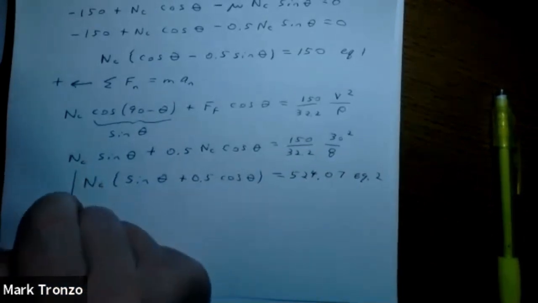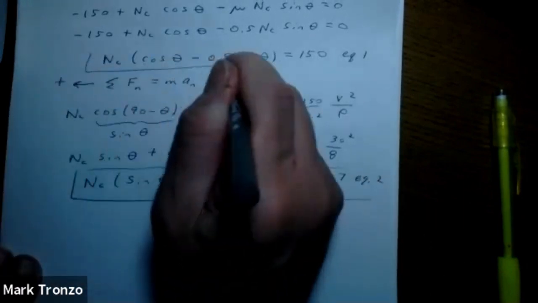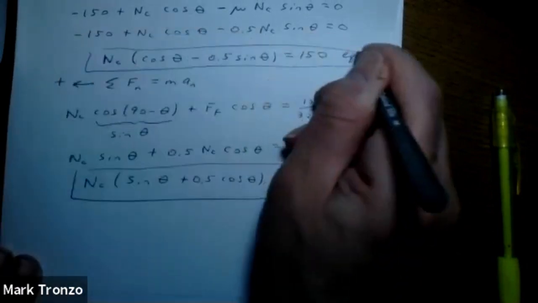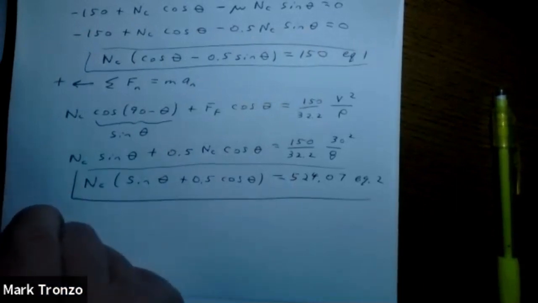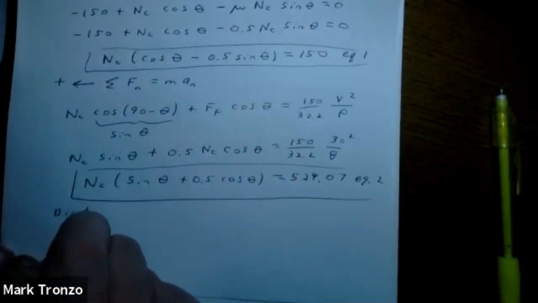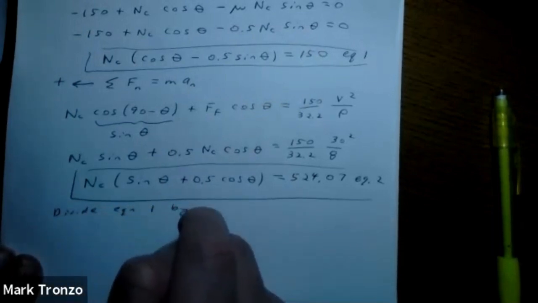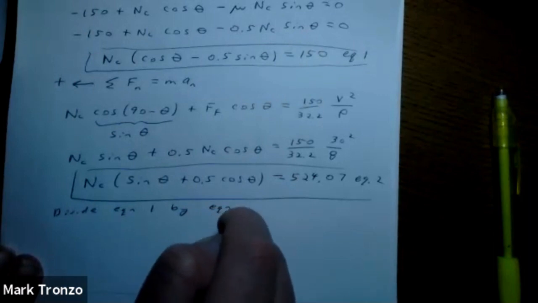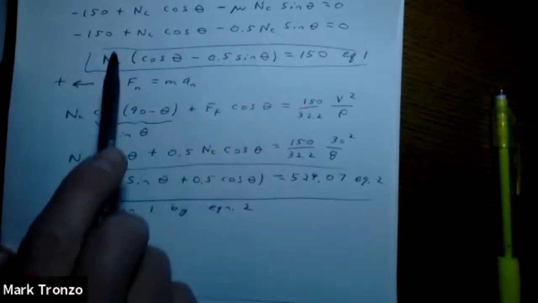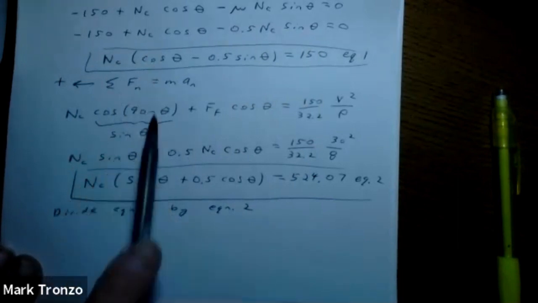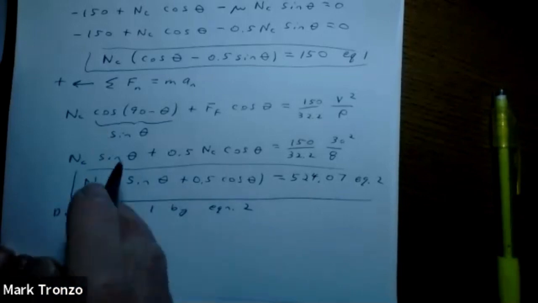So we have equation 1 and we have equation 2. So now if we divide equation 1 by equation 2, the NC's will cancel. So we'll divide the left-hand side and divide the right-hand side.